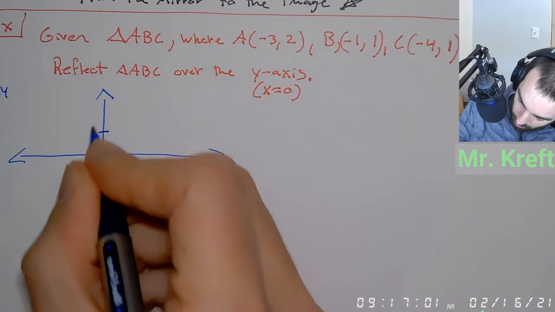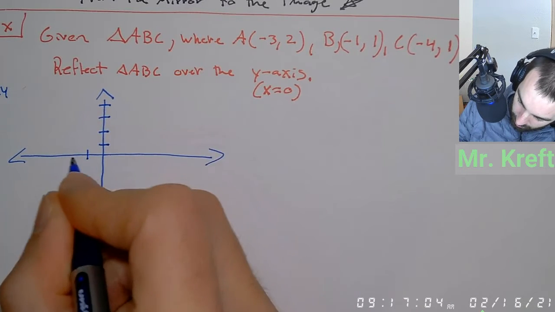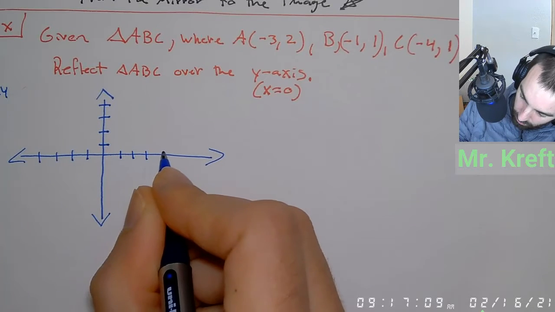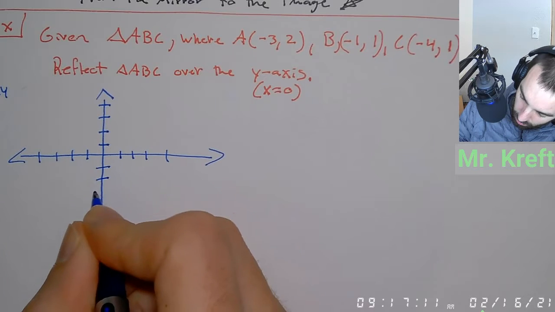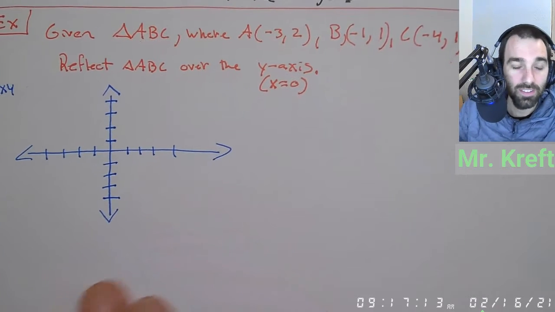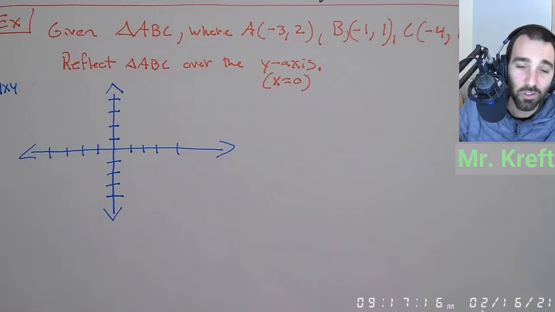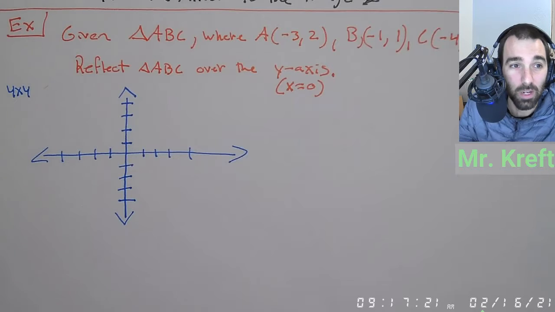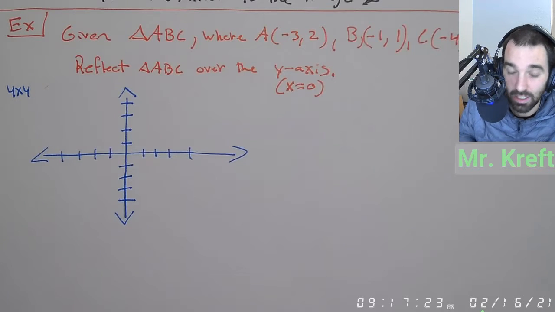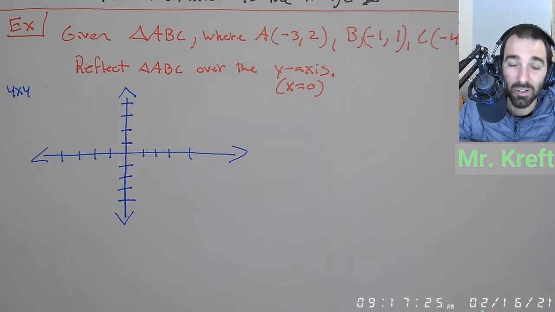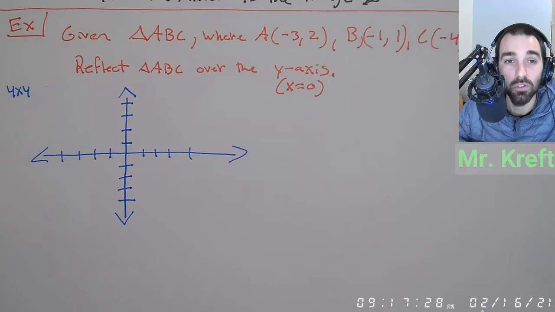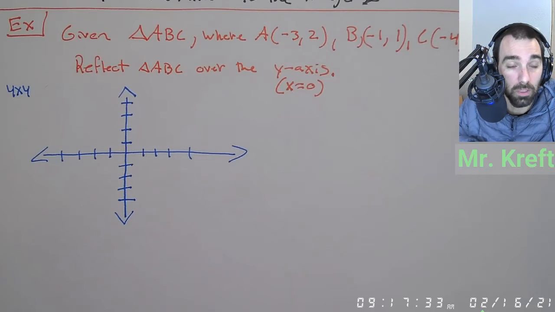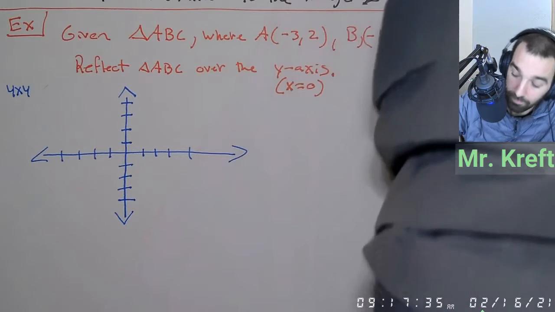So I'm going to go 1, 2, 3, 4. 1, 2, 3, 4. 1, 2, 3, 4. 1, 2, 3, 4. And as you can see, I'm not super exact, right? And you don't have to be either. You don't need to use a ruler or anything. We're just using this as a visual aid, okay? Because with reflections, there are formulas sometimes, but there's not formulas all the time. So we have to be able to do this because you're going to have some issues with graphing, okay?